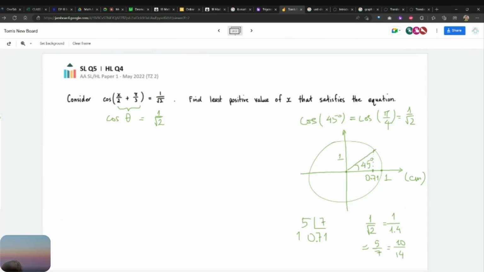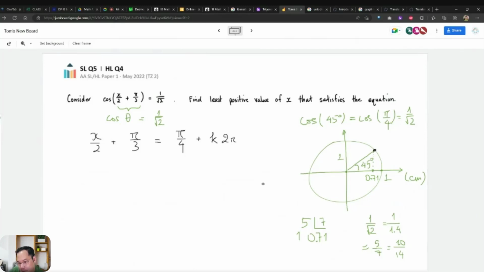So the cosine of this whole angle, x over 2 plus pi over 3, will be equal to pi over 4. But this is not the only solution. There are a lot of other solutions by adding a constant k times 2 pi, meaning you rotate this point 1 round, 360 degrees, 2 pi.